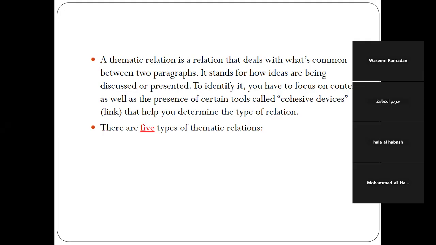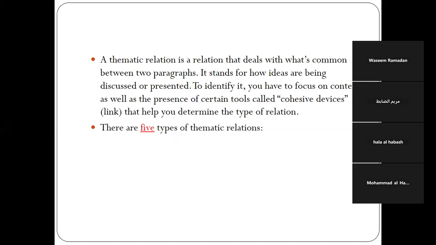Okay, so dear, before we talk about the 5 types of thematic relations, let's go back to the definition. A thematic relation, first of all, when I say, guys, thematic relation, from the name of the skill, we go to the theme. And the theme means the content, right? Or the ideas, or what the paragraph is simply talking about.